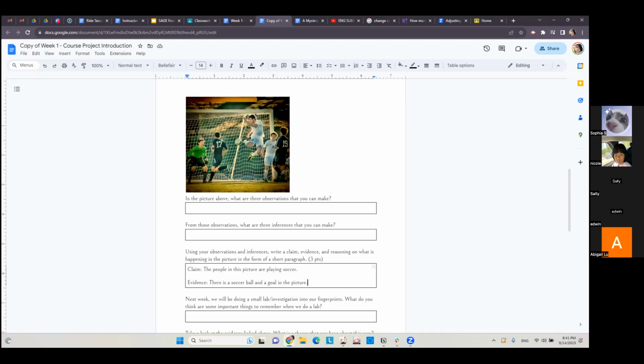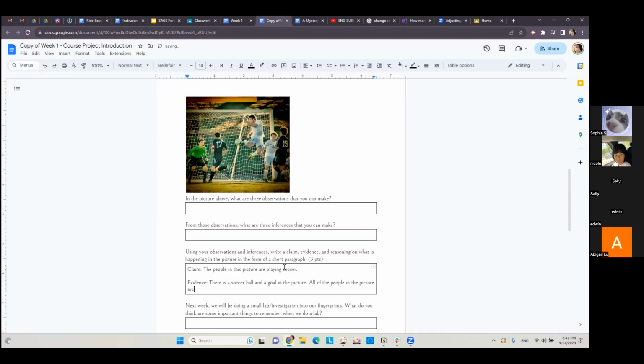Yeah, they're all soccer players, so it's kind of like the World Cup. All of the people in the picture are soccer players. And I'll add something, and they wear soccer uniforms.